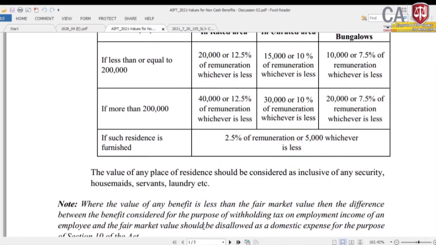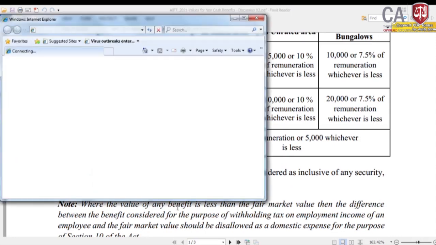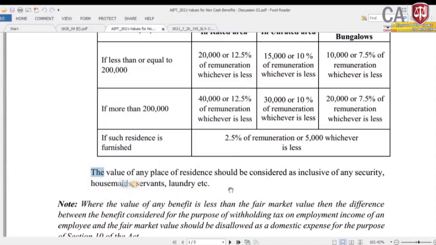Now I need to come to this one. This is very important: the value of any place of residence should be considered as inclusive of any security, housemaids, servants, laundry, etc. Did you see this?